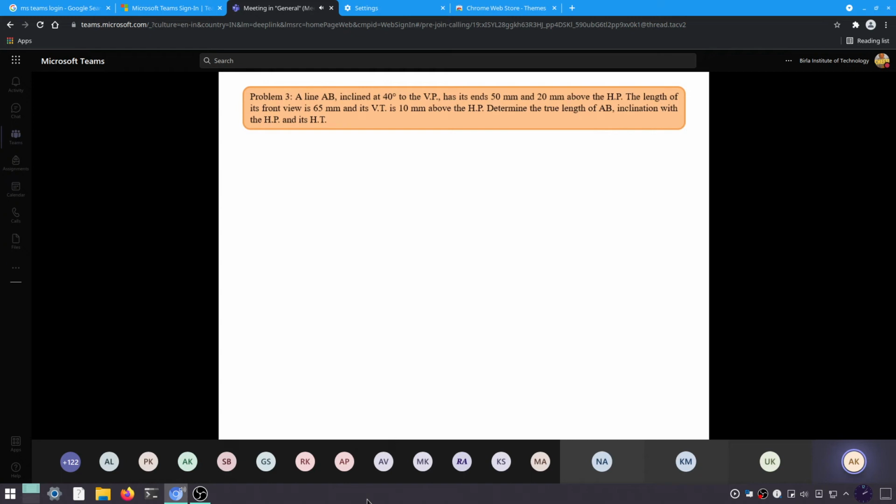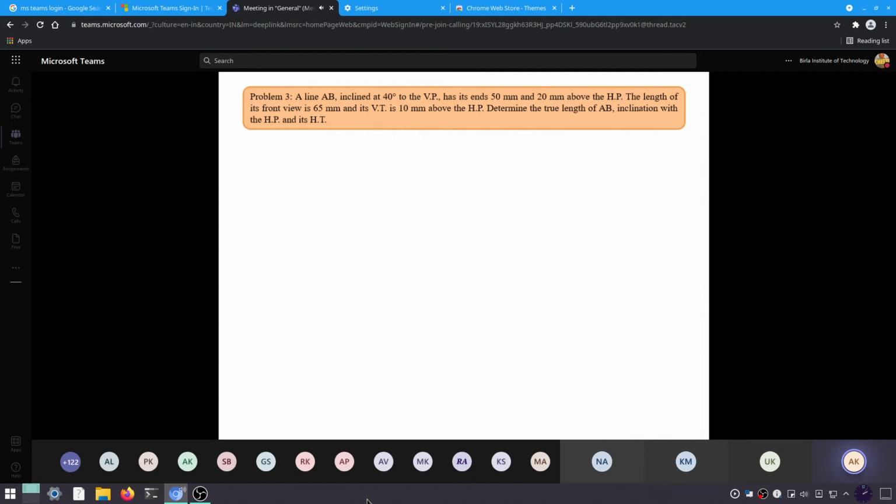So here's one problem. A line AB is given to you, inclined at 40 degrees to VP, has its ends 50 mm and 20 mm above HP, and the length of the front view is 65 mm.